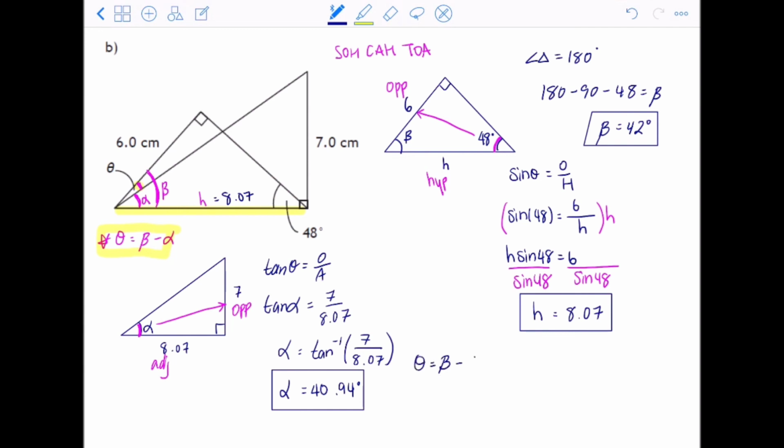So beta is 42 degrees and alpha is 40.94 degrees. This turns out to be 1.06. If you want to round to one decimal place, it's 1.1 degrees. So that's it for this section.